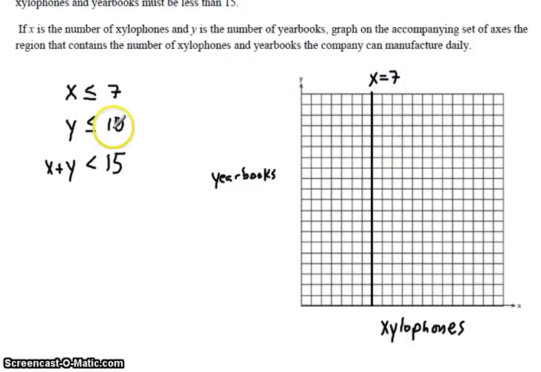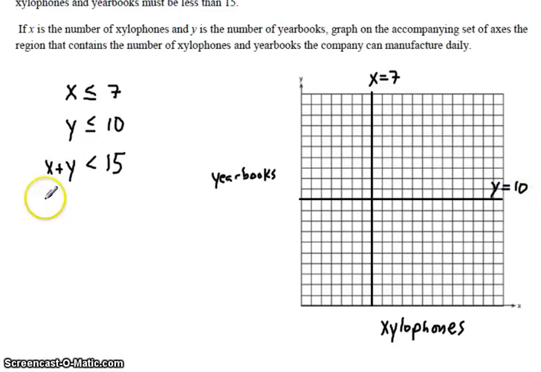Cool. Y is less than or equal to 10. Well, that's a horizontal line, so I'm going to count up 10: 1, 2, 3, 4, 5, 6, 7, 8, 9, 10. And go across and fill up my whole graph that way and label it. This is Y equals 10.